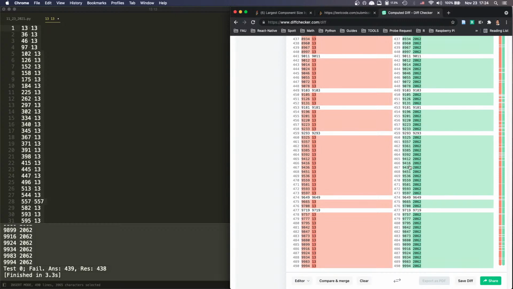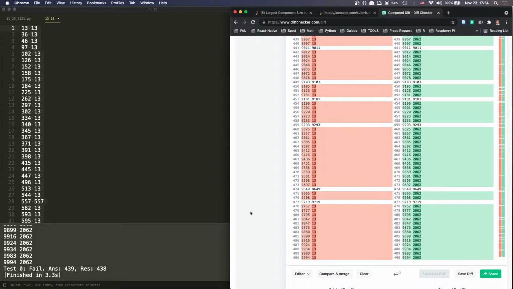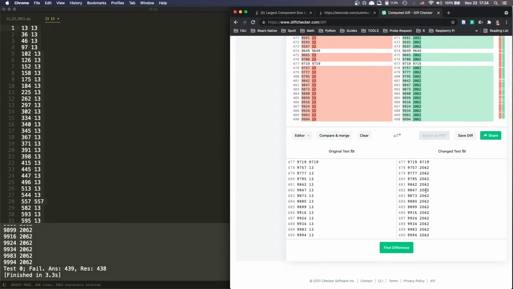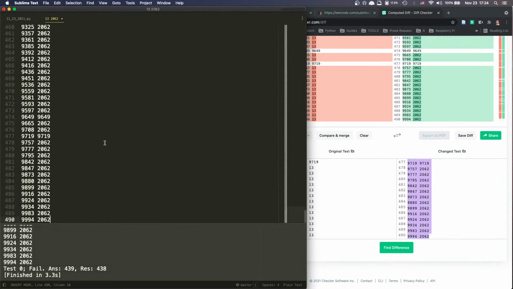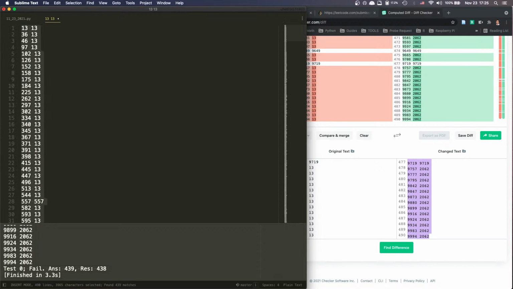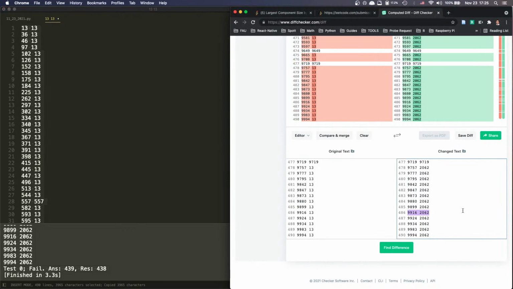I think I need to change all 2062. I need to change that to 13 in order to see. Hold on. Maybe I need to do that. So how about we change this to 13 and then see what happens.